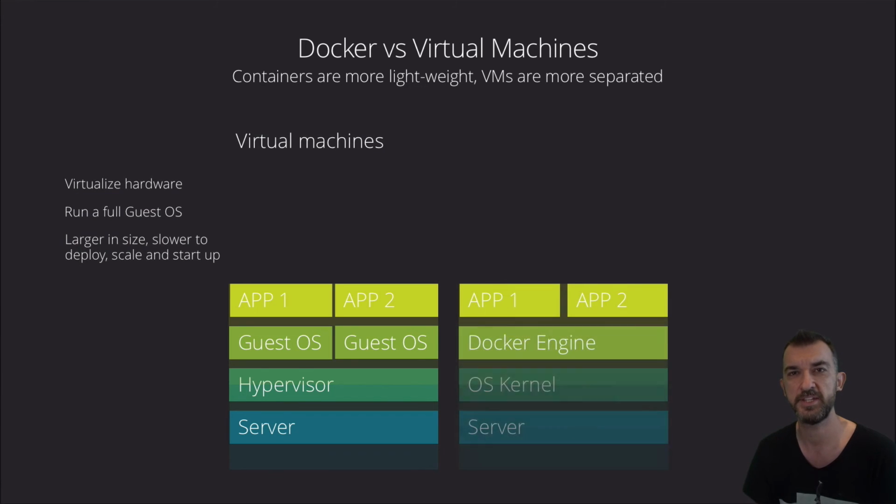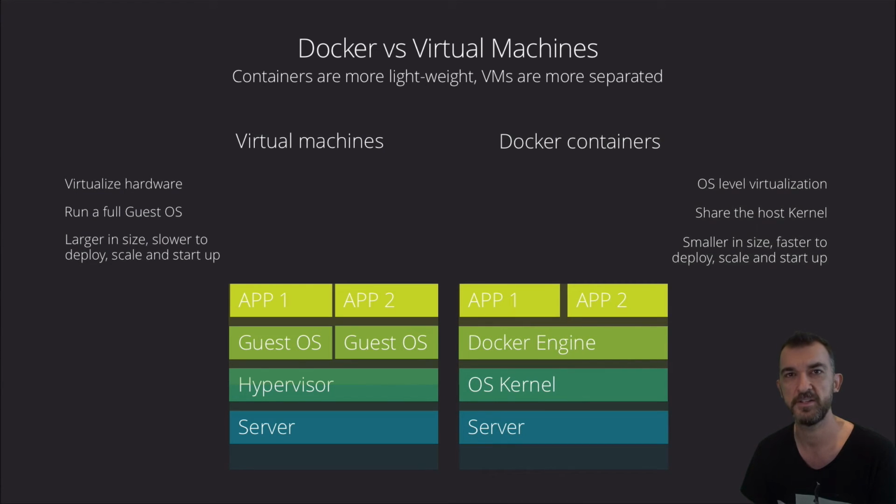In the case of Docker containers, the situation is different, because Docker containers are an operating system level virtualization technology. This means that you have a physical server that has an operating system kernel, and every application that you run on top of the Docker engine seems to be a separate Linux machine or Windows machine. So we are not talking about hardware virtualization, but about operating system virtualization.